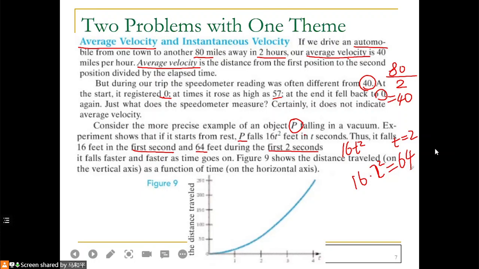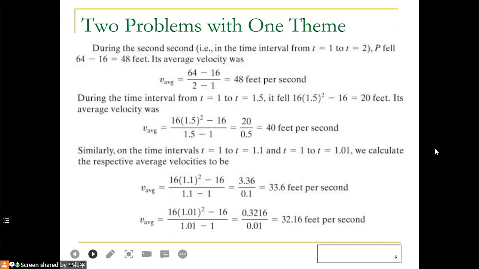Here, figure 9 gives the curve of the distance traveled as a function of time. This means s equals 16t squared, this is the curve of this equation. And then consider the time from 1 to 2. The distance s is 16t squared.